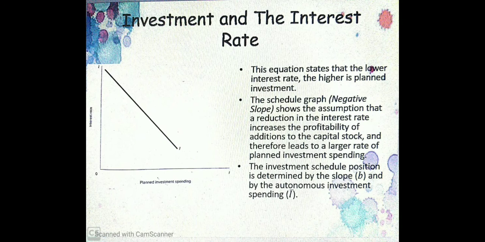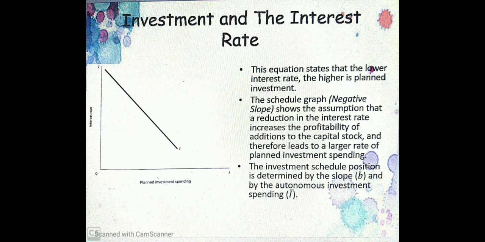The schedule, which has a negative slope, shows the assumption that a reduction in the interest rate increases the profitability of additions to the capital stock and therefore leads to a larger rate of planned investment spending. So the investment schedule is determined by the slope, which is b, and by the autonomous investment spending, which is I bar.